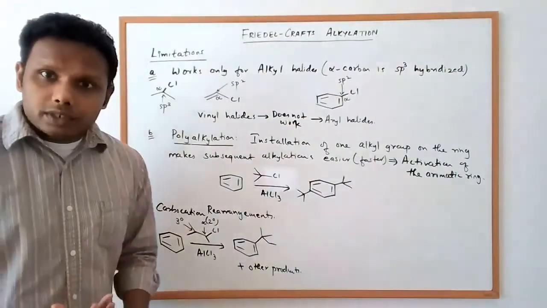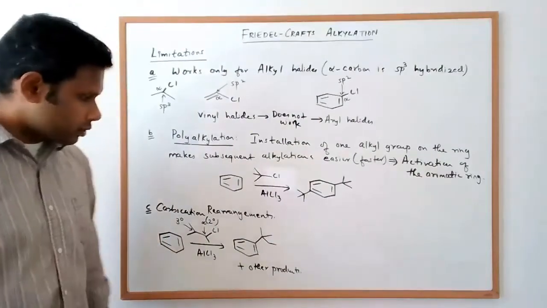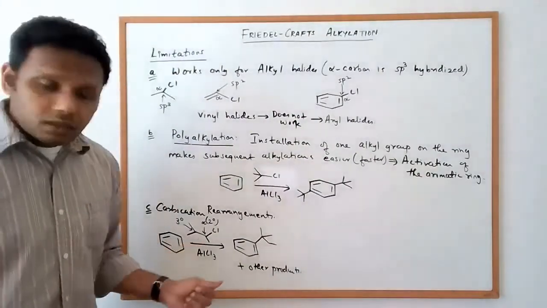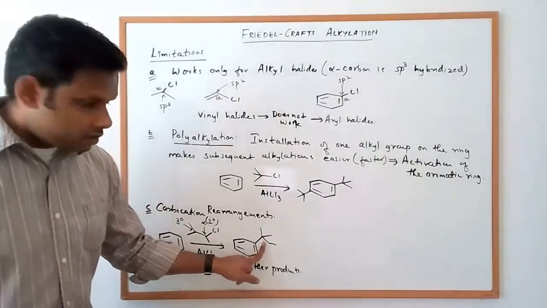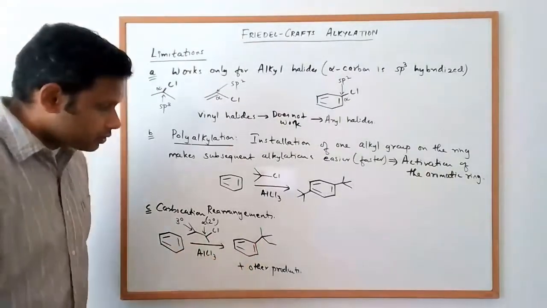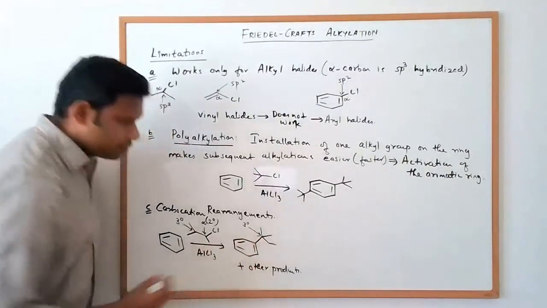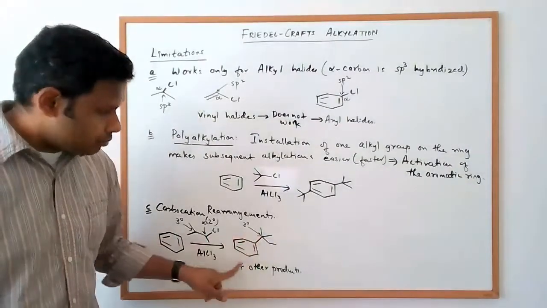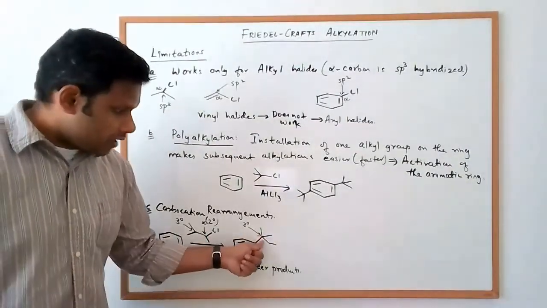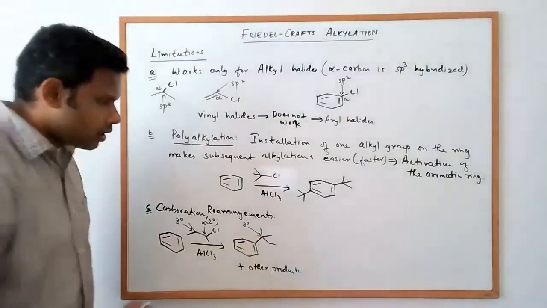And what we know is that tertiary carbocations are more stable than secondary carbocations. So in this particular case, you might see a product, in fact this may be the major product of the reaction, where this tertiary carbon is what gets connected to the benzene ring. And that would only happen if the carbocation was at that tertiary carbon.